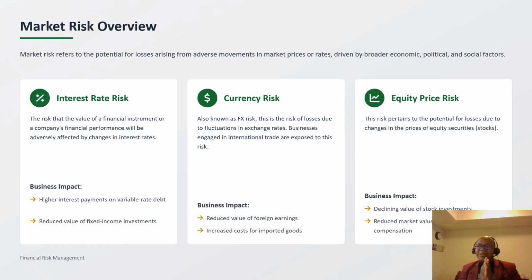Interest rate is the risk that the value of a financial instrument or a company's financial performance will be adversely impacted by changes in interest rates. Business impact could be high interest payments on variable rate debt, reduced value of fixed income investment.